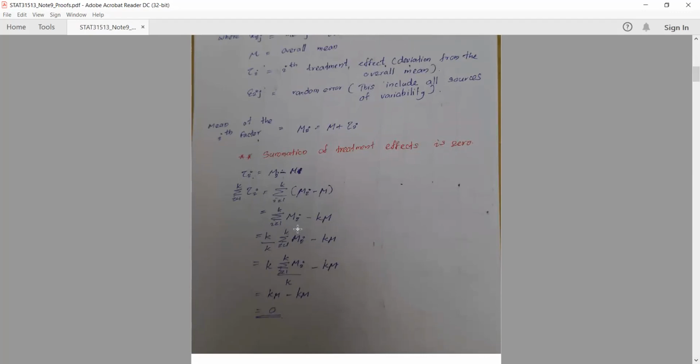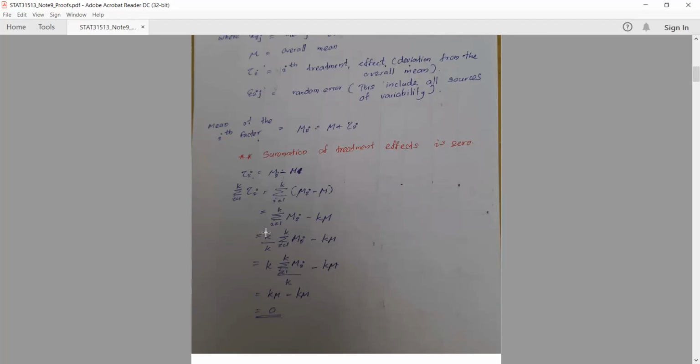Taking the summation separately, you have the summation of mu i minus, and since mu is a constant and the index goes from 1 to k, we can write k times mu.